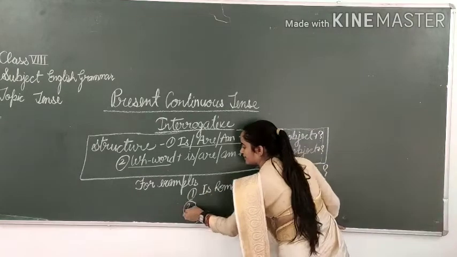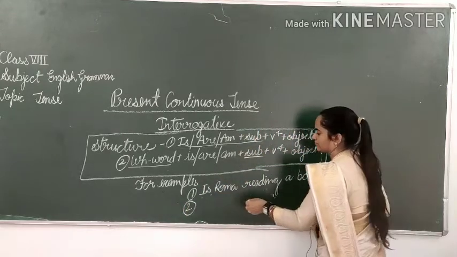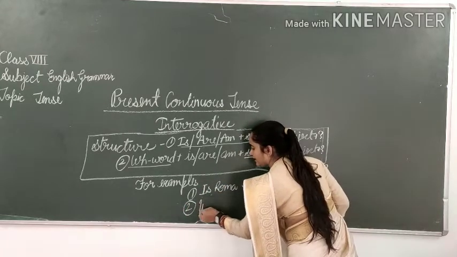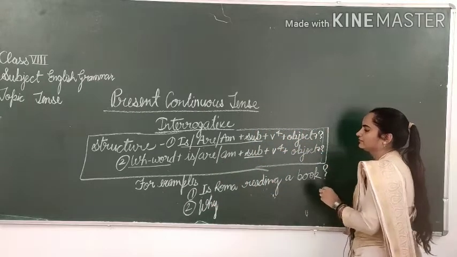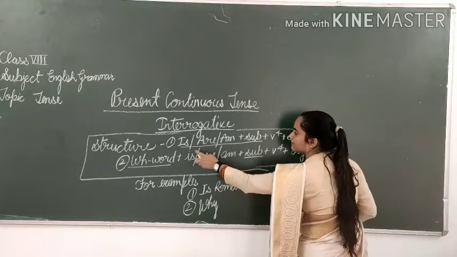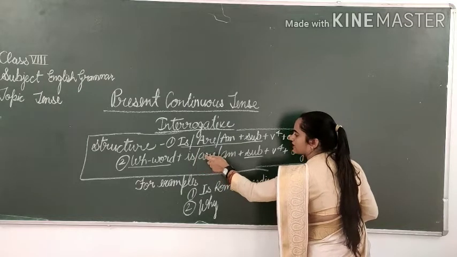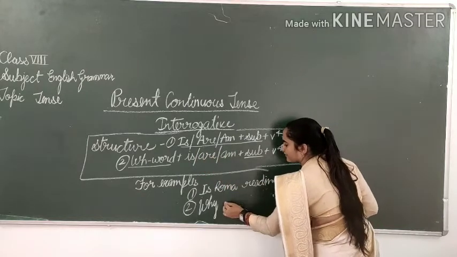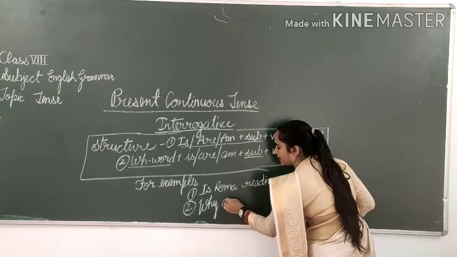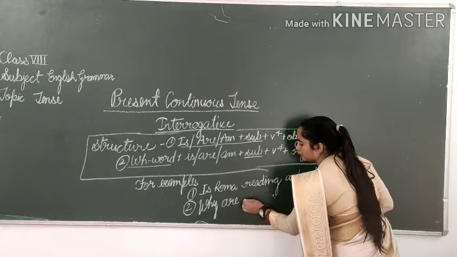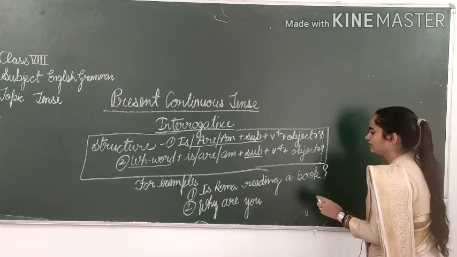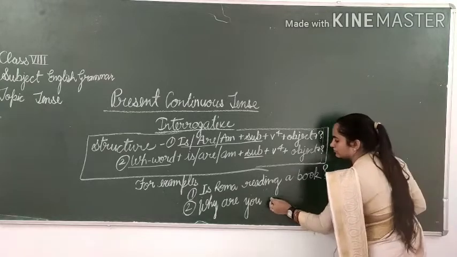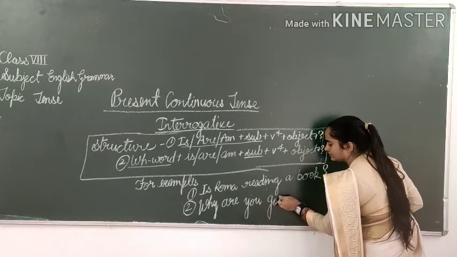Now example number 2. I have taken WH word, why. Then what will we take? Is, are or am. Why are you. You is also plural. Why are you going?